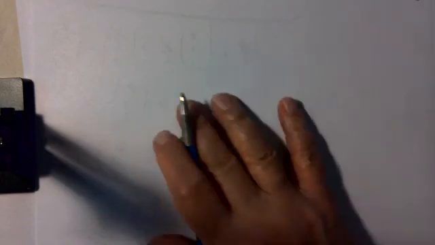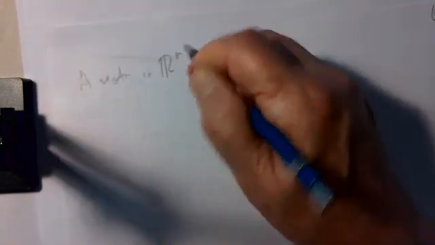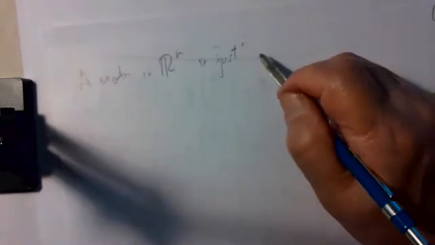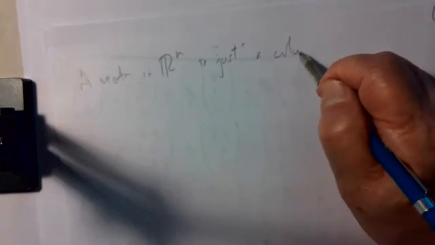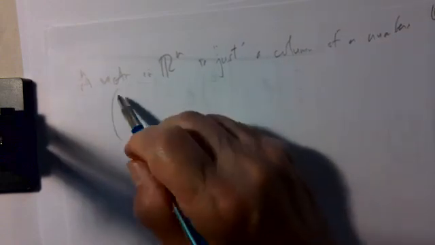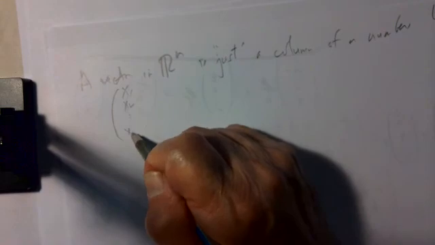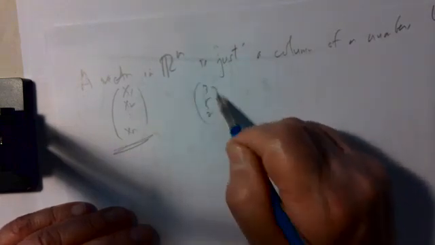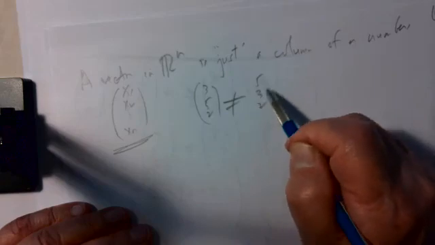But in any case, all a vector is, a vector in Rn, is just a column of numbers, X1, X2, up to Xn. It's just taking n numbers and writing them as a column. And the order is important, like 3, 5, 2 is not the same as 5, 3, 2, right?